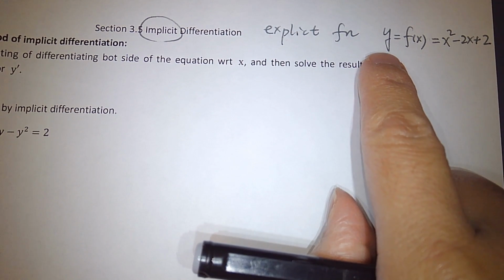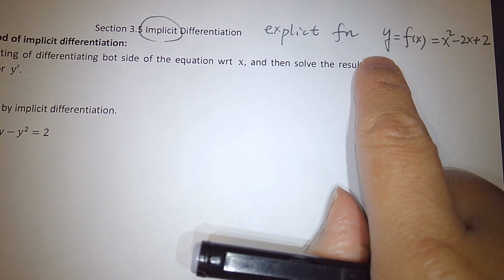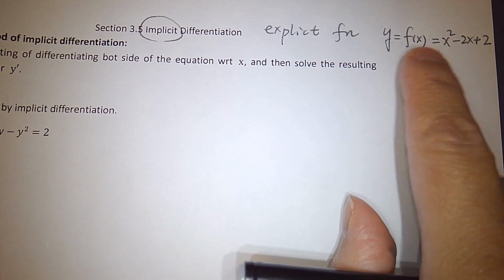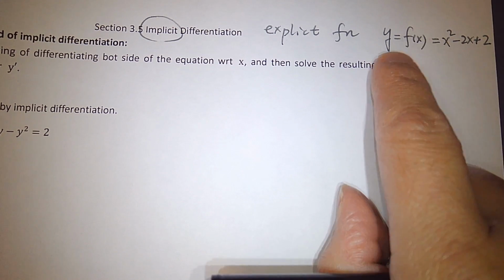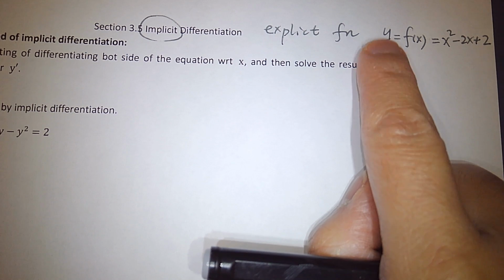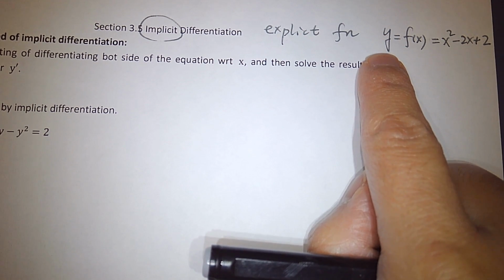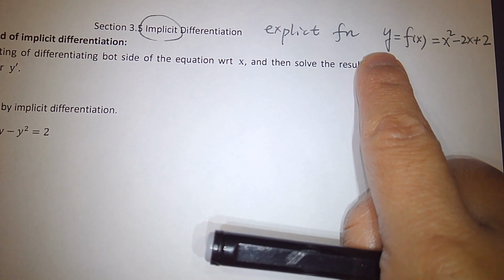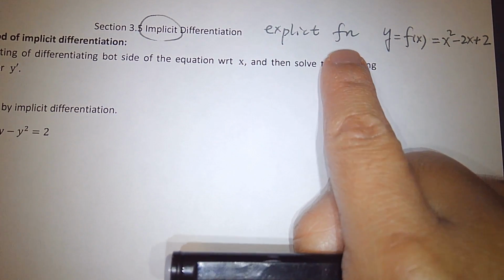We may describe y explicitly in terms of x. See? We can separate the function of x on one side and the variable y on the other. So this function we call an explicit function. We may separate x and y.